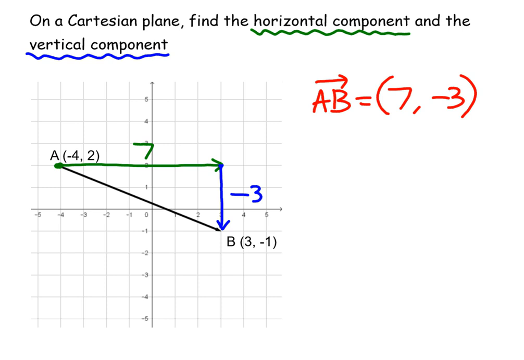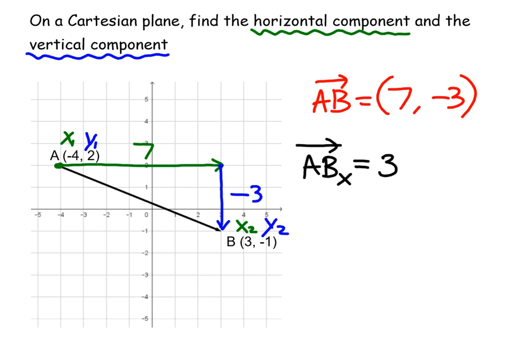Now, if you want to do this using the x and y component, let's say this here is your x1, this is your x2, and this is your y1, this is your y2. So if you're looking for just the algebraic way of doing it, you can write this, ABX, which means the x component of AB.